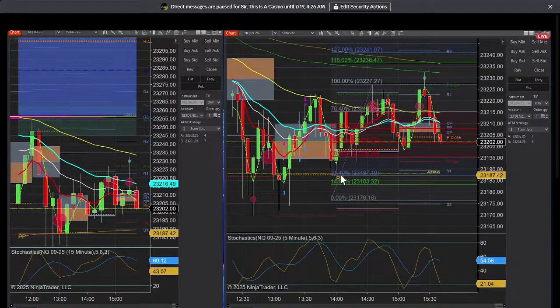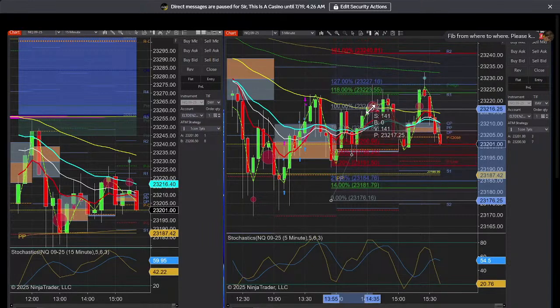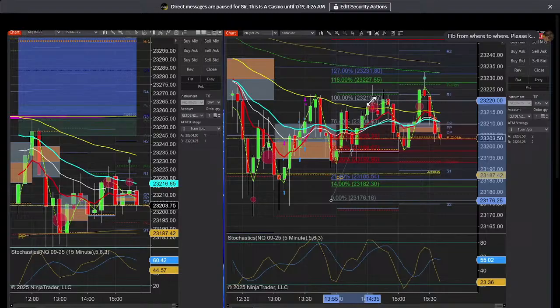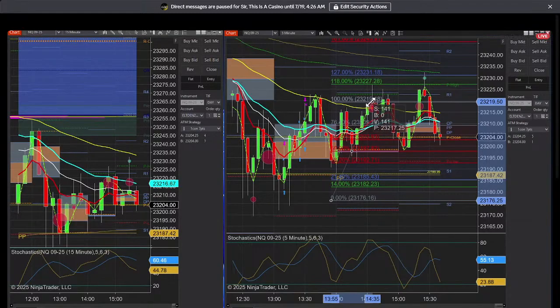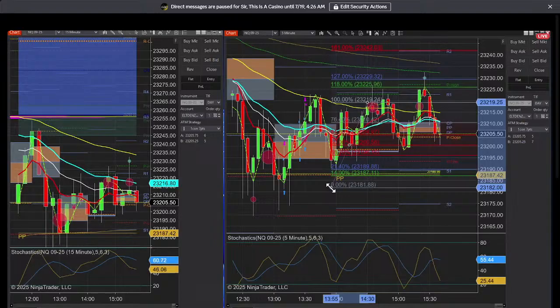So what they do is they would take the 118, put it there, and they would take the 14 and put it there.